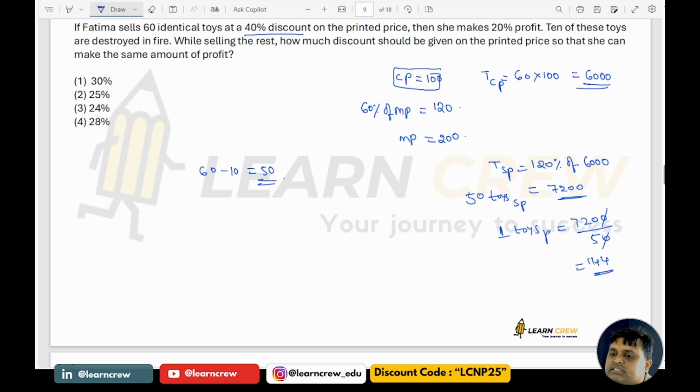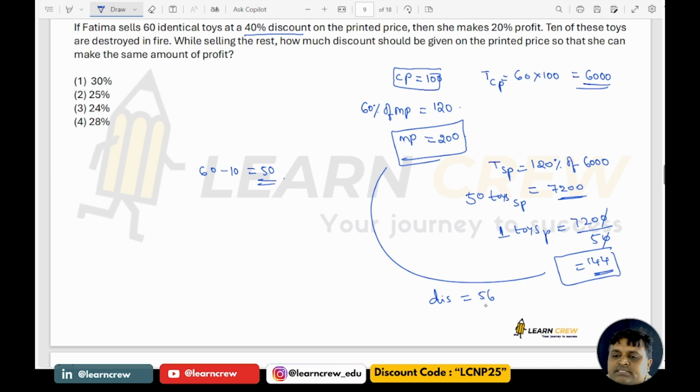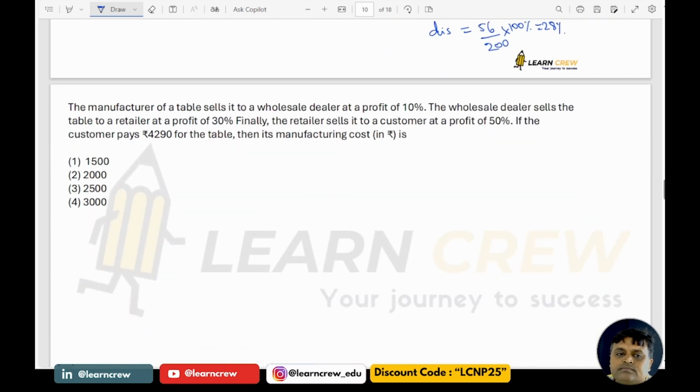Okay, each toy selling price is 144. Actually, market price is 200 and selling price is 144. So there is a discount of 56 on 200. 56 on 200 is how much percentage? 28%. So answer is option 4.